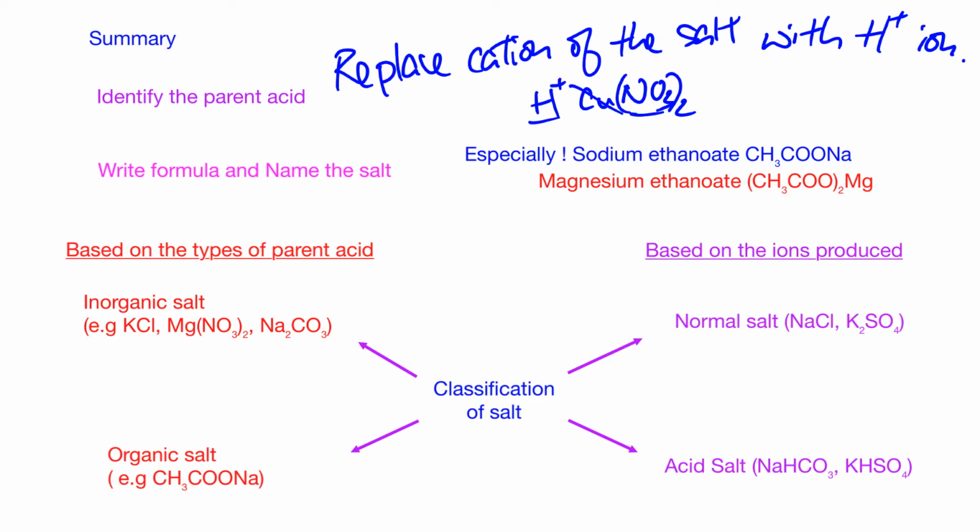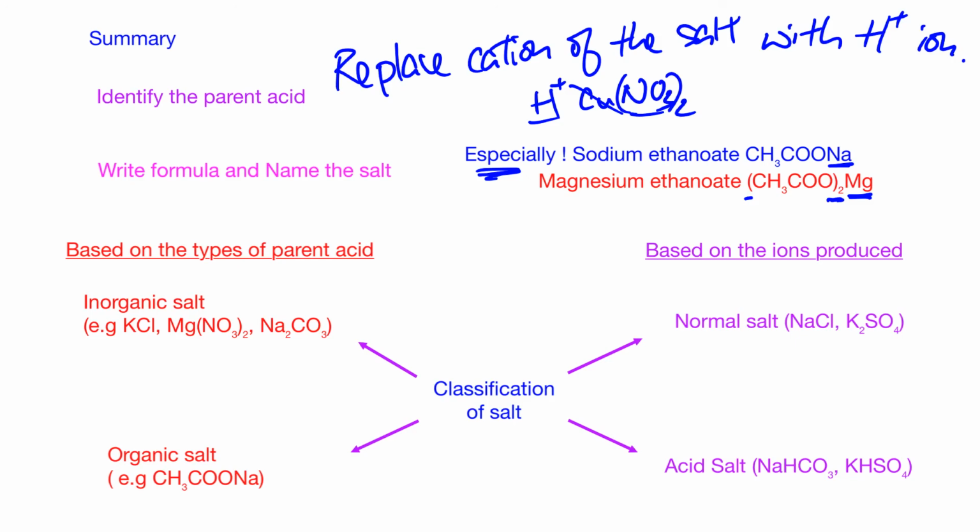You have to know how to write the formula and also name the salt, especially the organic salt. For organic salt, the metal part in the formula has to be placed at the back. Feel comfortable to multiply the whole organic anion part with a bracket.